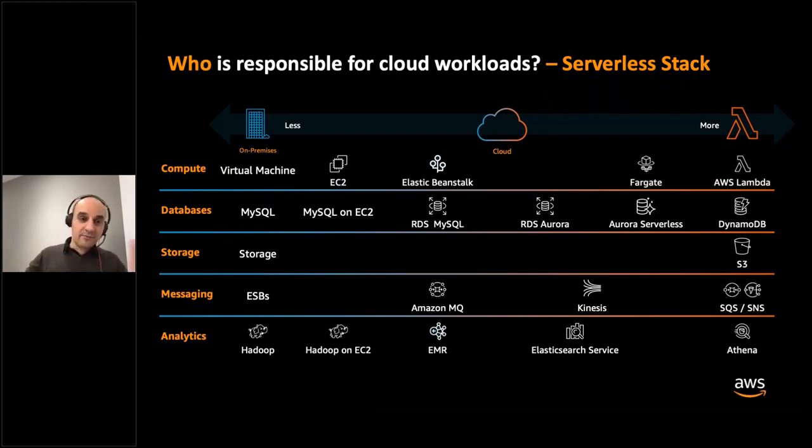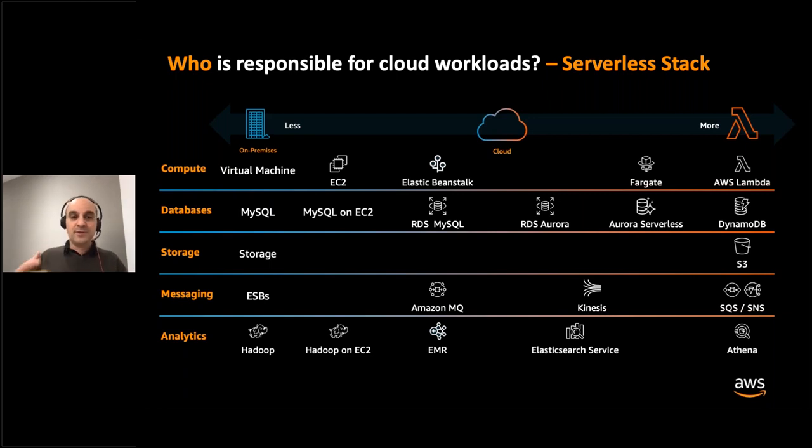On this diagram, on the left, you have solutions where you start from on-premises or the closest to on-premises and move it to the cloud. You move your virtual machines and then you move to EC2 instances, which is the equivalent in the AWS world. And the more you go to the right, the more you get the serverless features.